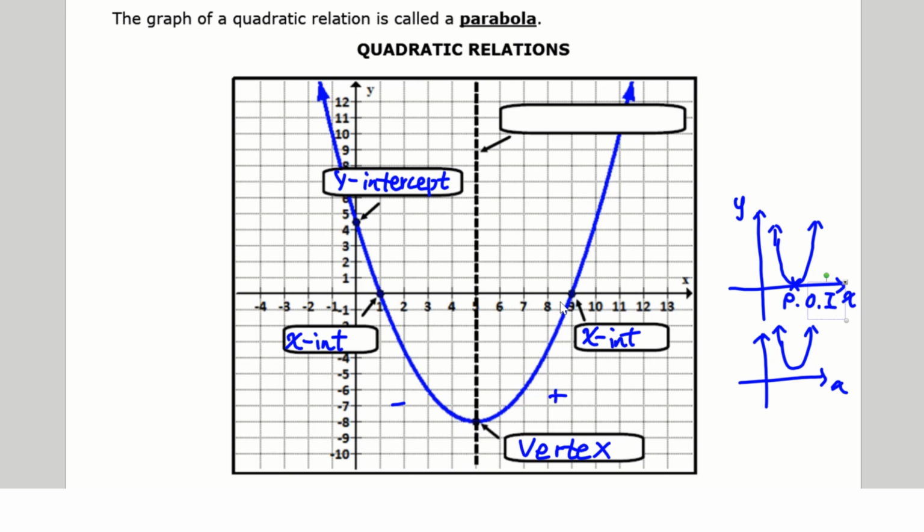From decreasing to increasing, the turning point is the vertex. The vertical line that passes through the vertex, we call it the axis of symmetry. And you could also write it as A.O.S.